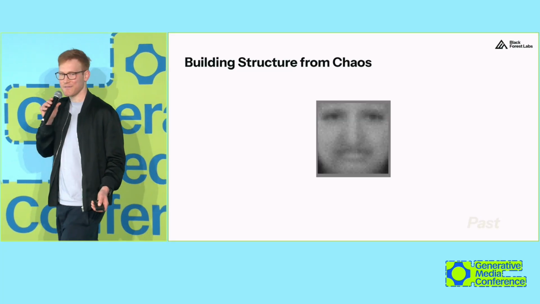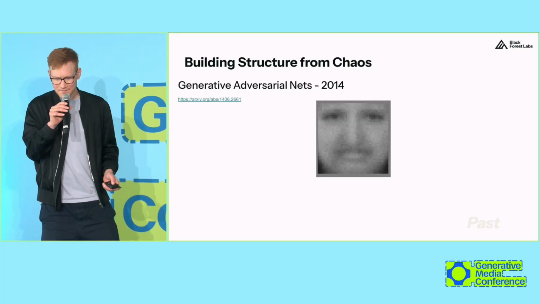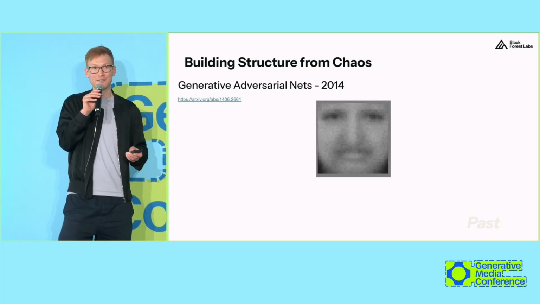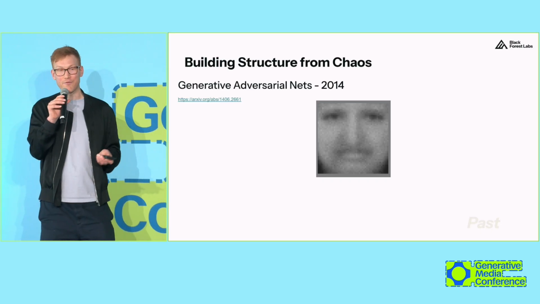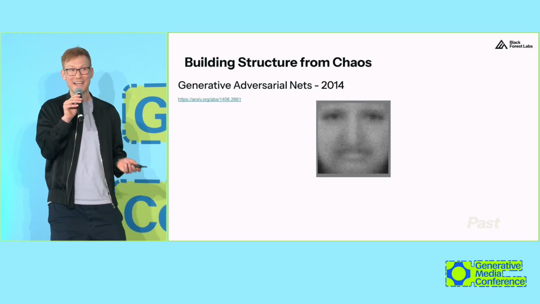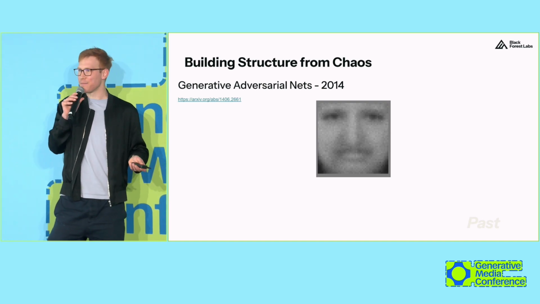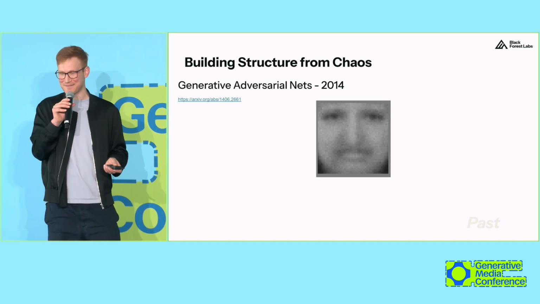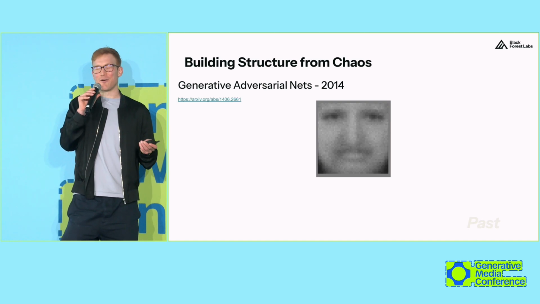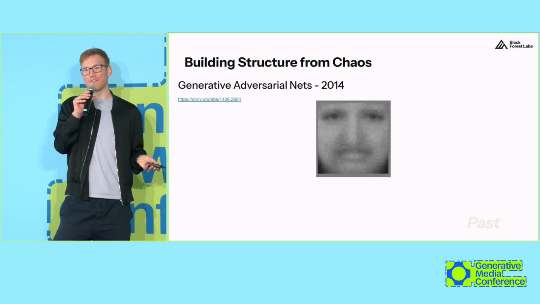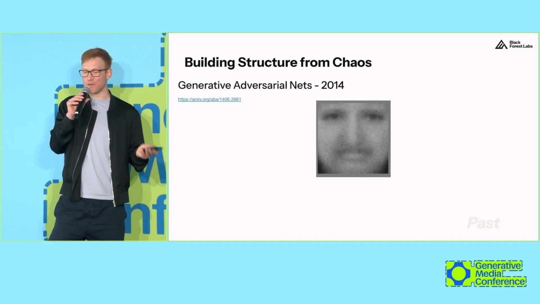So from today's perspective, definitely a bit underwhelming. Nonetheless, I think the 2014 work of Ian Goodfellow, published as Generative Adversarial Nets, or GANs, can be called, at least in my opinion, we can discuss this, the birth of generative media or image synthesis.